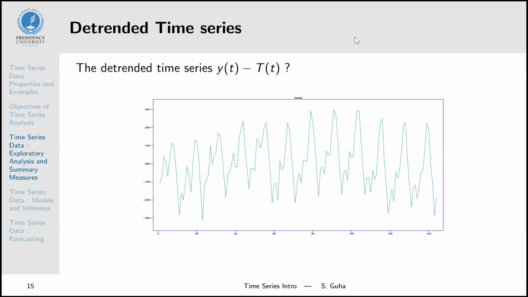January for 1949, 1950, 1951, 1952, 1953, 1954, and so on for all the 12 years. I'll take all those observations related to January, add them up and then divide by 12. That will give me some number. I call that number S evaluated at January.